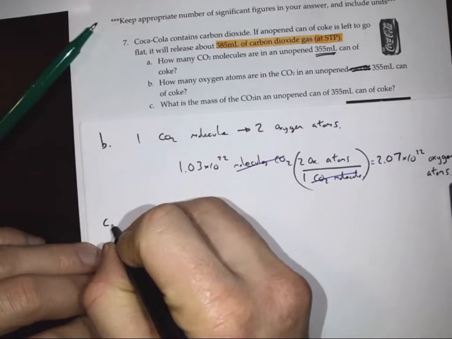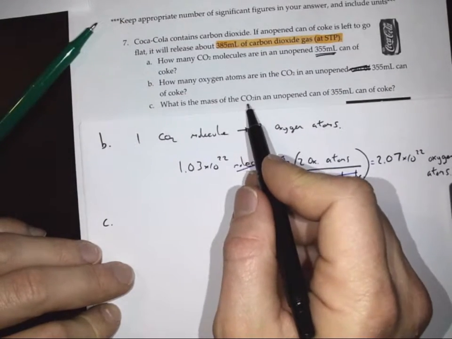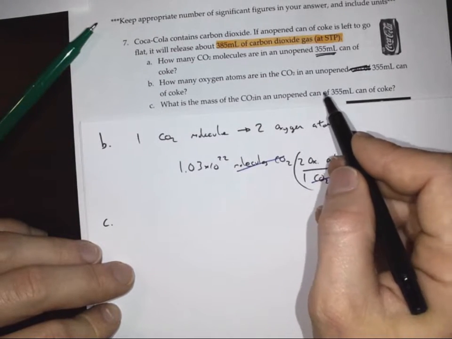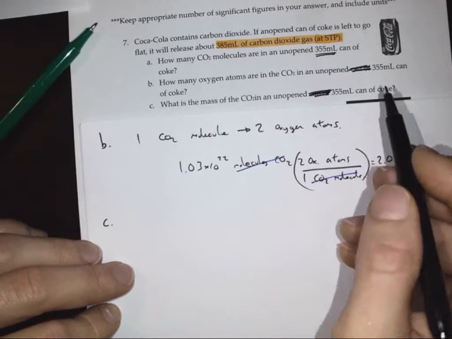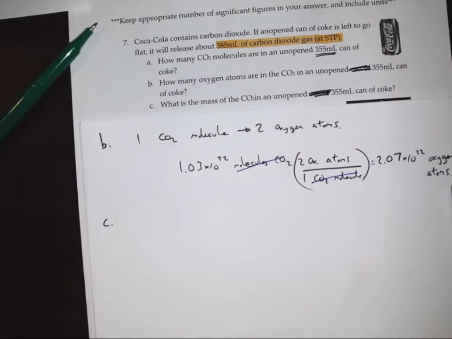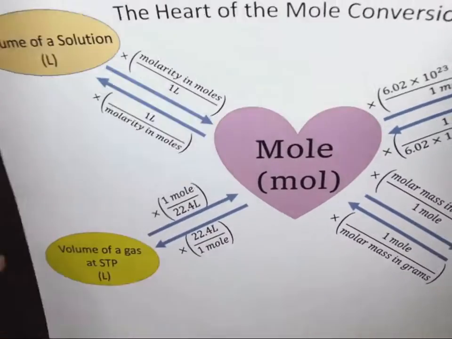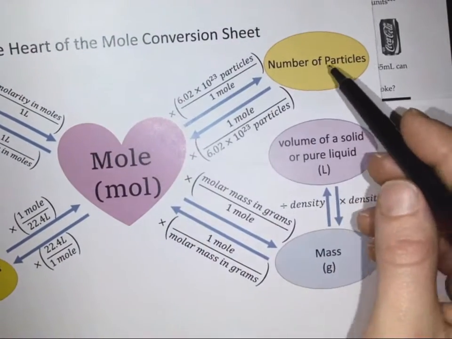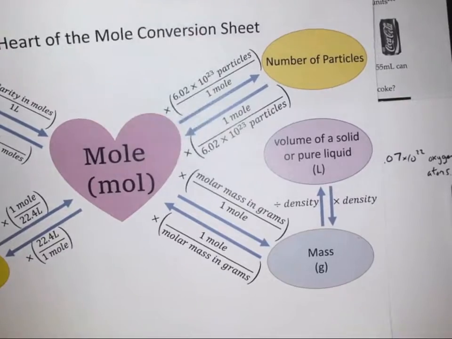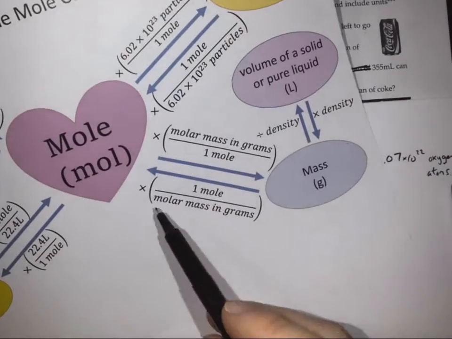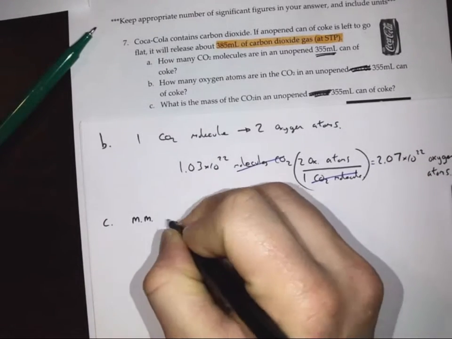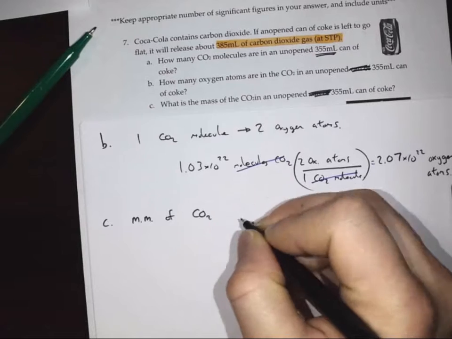Okay, last question. We want the mass of carbon dioxide in an unopened 355 ml can of Coke. So looks like we're going to, again, start here. Instead of heading up in this direction and turning into a number of oxygen atoms as we did, we're going to go down and find the mass of that carbon dioxide. To do that, we're going to need to know the molar mass of carbon dioxide. So I'm going to start with the molar mass of CO2.